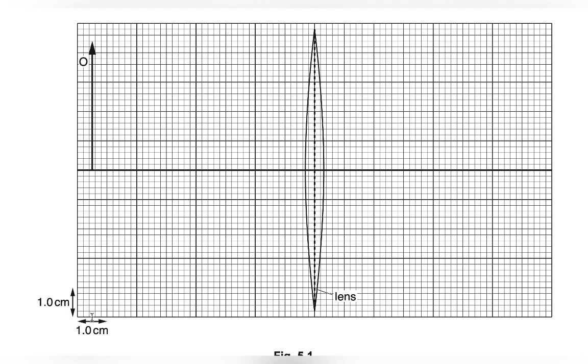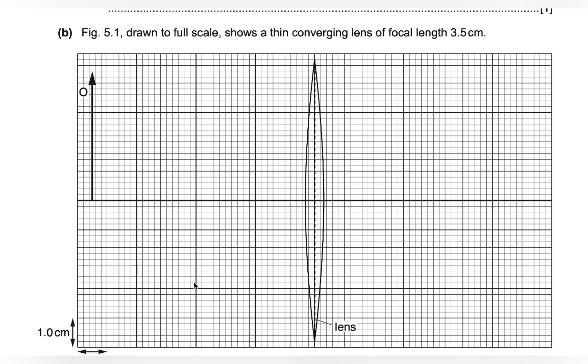So 5 tiny boxes for the horizontal is 1 centimeter, and also on the vertical is 1 centimeter. So we're going to count 5 boxes to locate our focal point, because it's 3.5 centimeters away from this optical center.